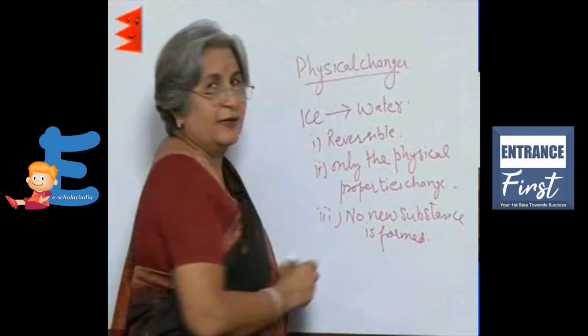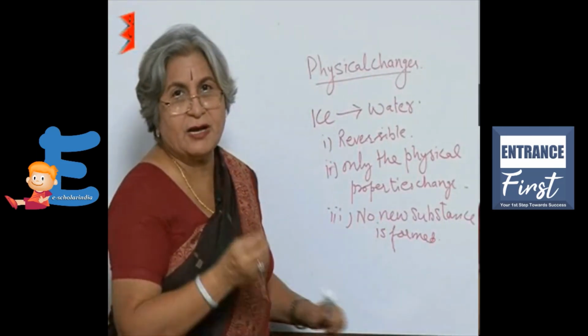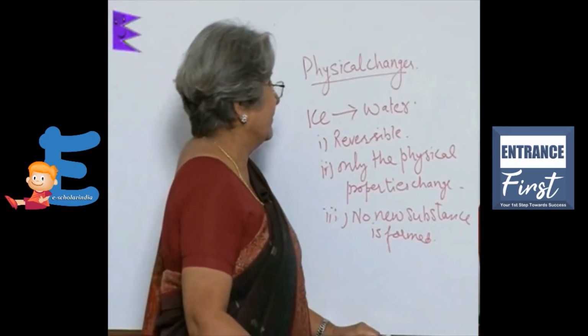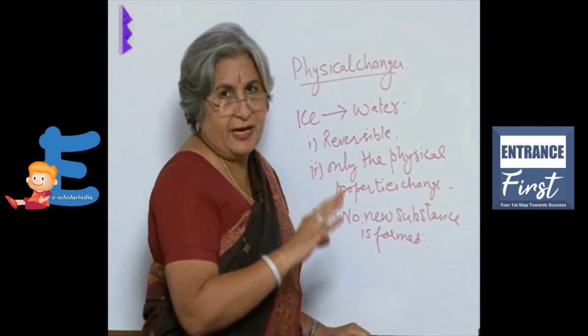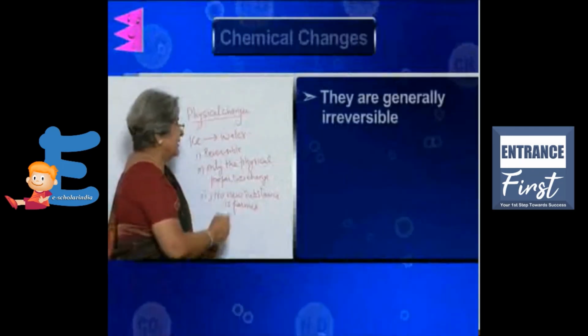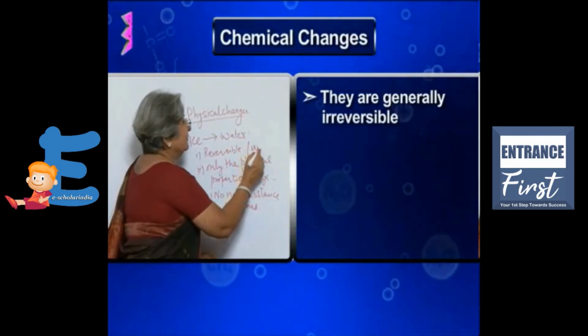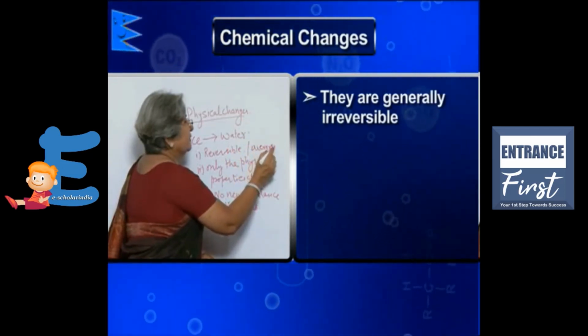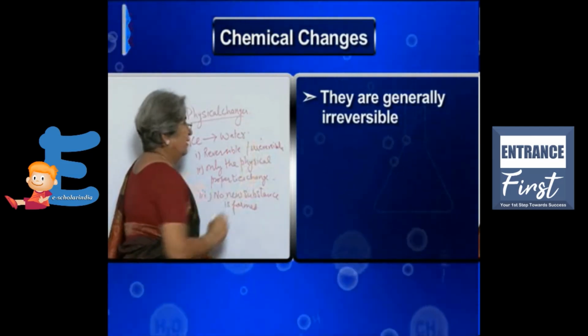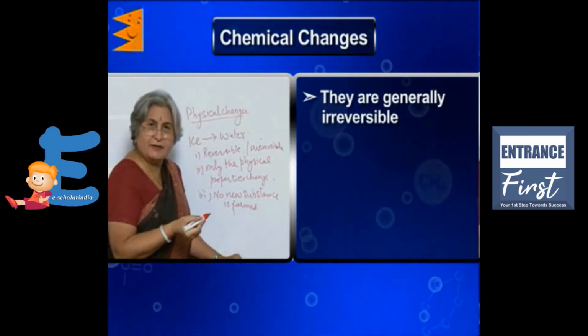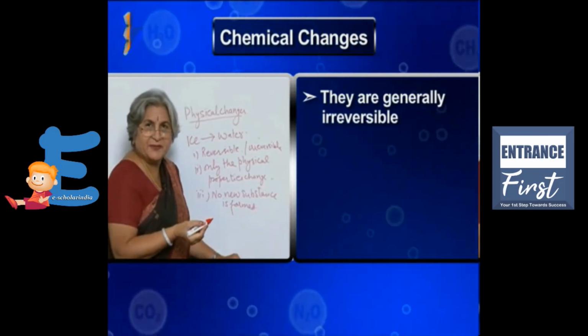On the other hand, if you burn a paper or a matchstick, what happens? From the ash, we cannot get back paper, which means it is irreversible. Ash has entirely different chemical properties.